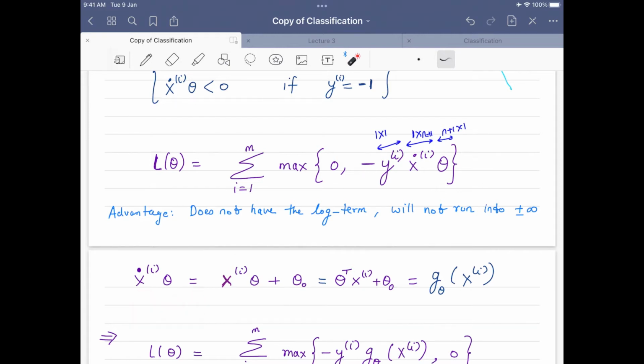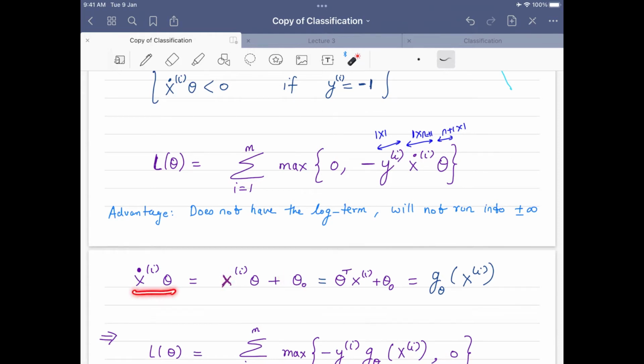If I separate 1 and separate x, I can write it as xi times theta plus theta 0. So theta 0 has the 1 attached to it, and the features x are separate.